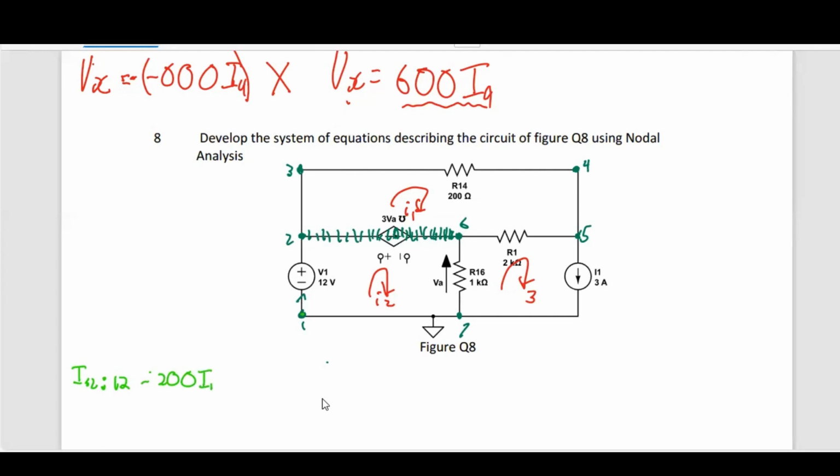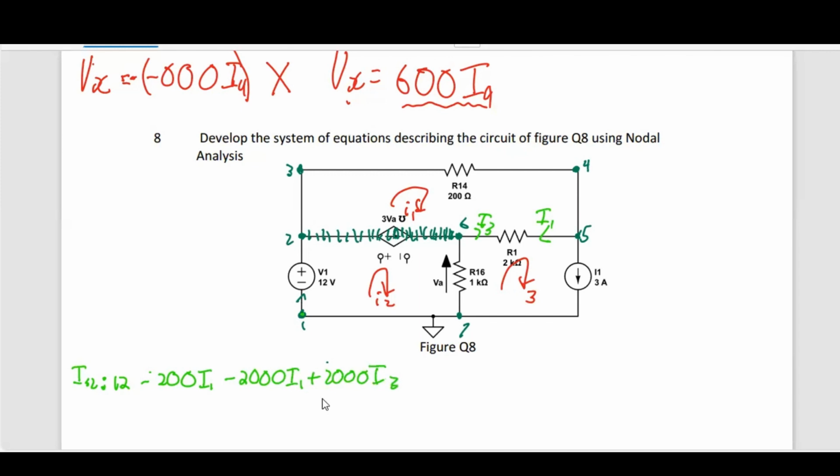Now we're going through R1, which has 2 currents going through it, I1 and I3. So it could be minus 2,000 I1 and plus 2,000 I3. So we're back at 6 down to R16.